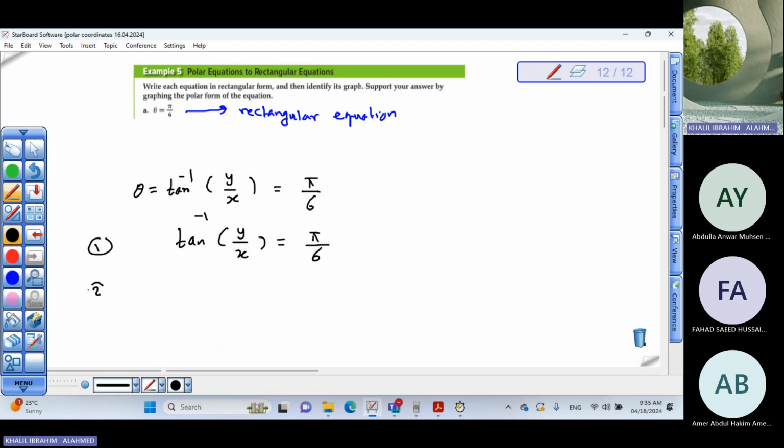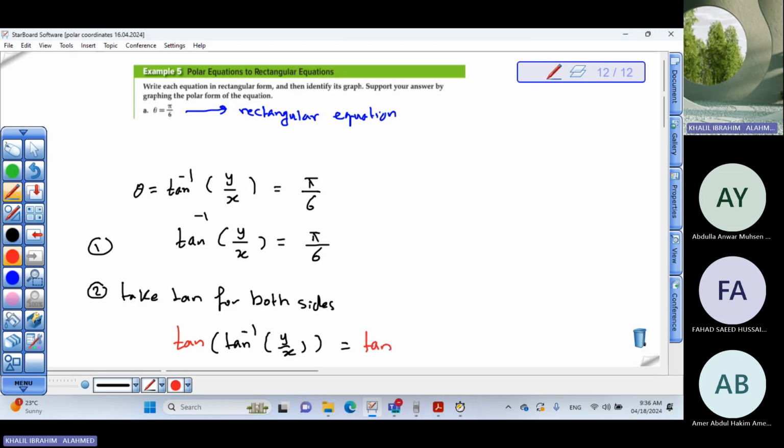Step 2, take tan of both sides. Okay, good. Now tan of tan inverse of y over x equals tan of pi over 6.